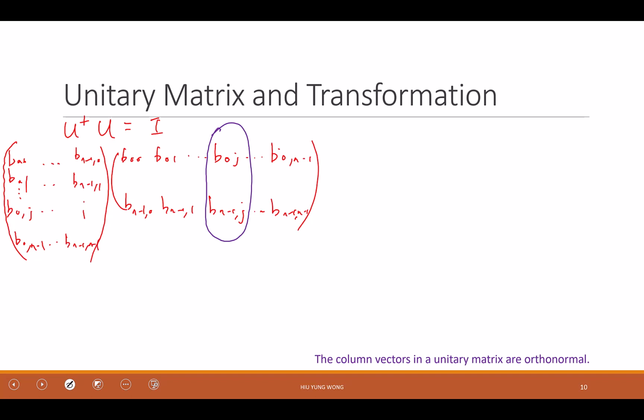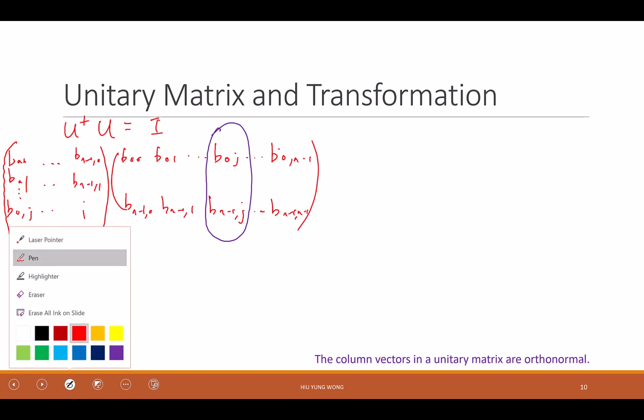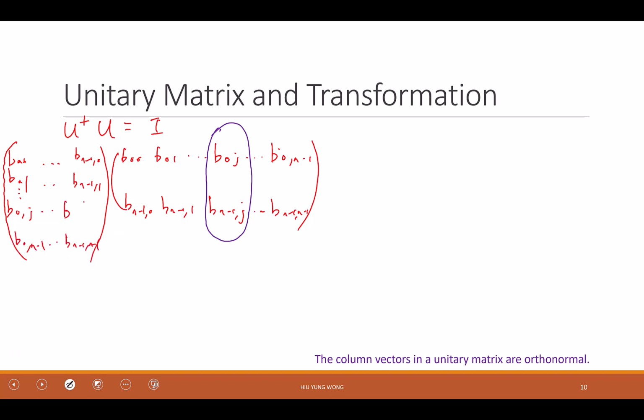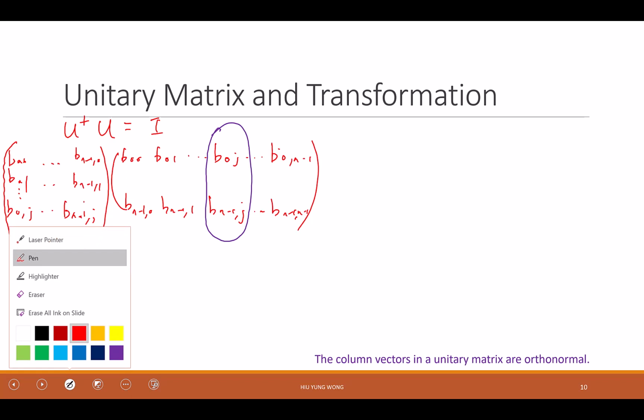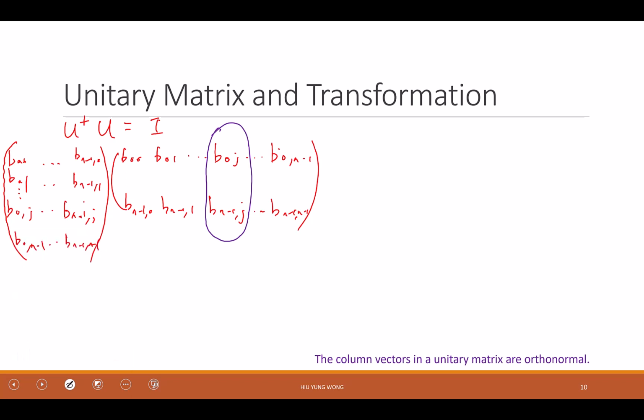It's going to be difficult for you to study. Writing is not clear. This is Bn minus 1,J. Is it correct or did I miss something? What do I miss?